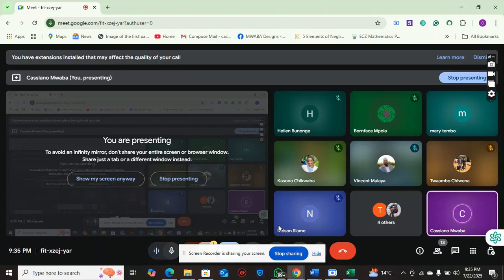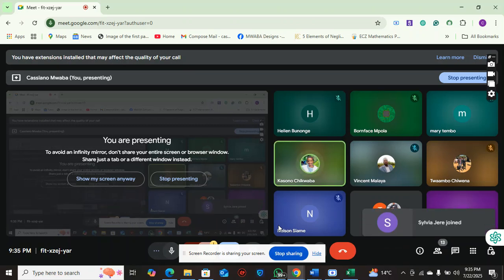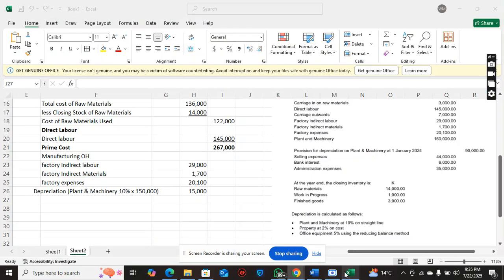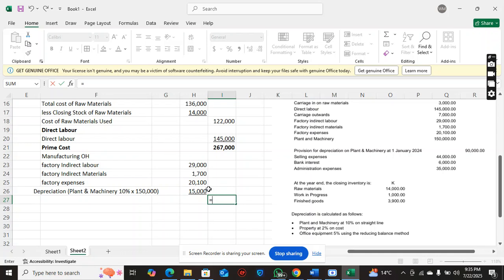As the years pass and the depreciation is accumulating, the value of the asset is going down. Okay, so we get our total overheads.